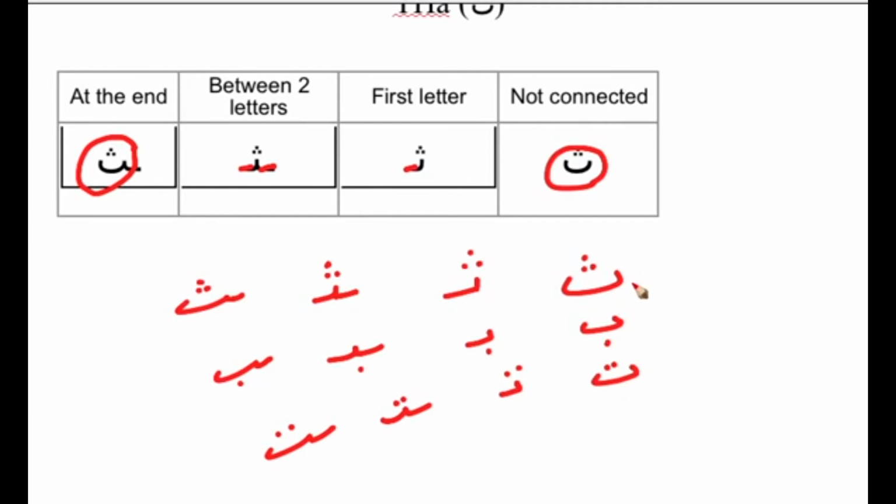So this is Tha, this is Ba, and this is Ta. Very simple, very easy. Now let us write a word with the letter Tha.